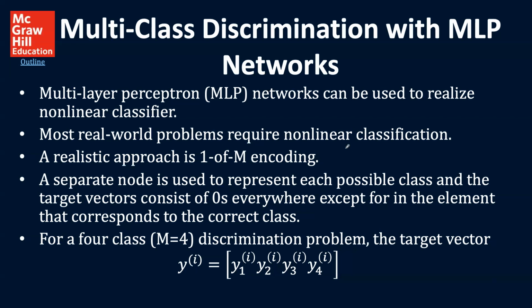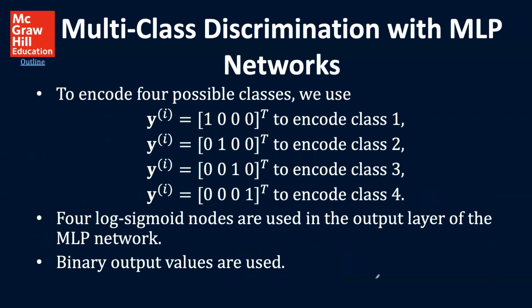A separate node is used to represent each possible class, and the target vector consists of zeros everywhere except for the element that corresponds to the correct class. For a 4-class example, so m equals 4, the target vector would be as we're showing there, to encode 4 possible classes. These vectors put together form a matrix, and this is how we encode class 1, 2, 3, and 4. Four log sigmoid nodes are used in the output layer of the MLP network, and binary output values are used.